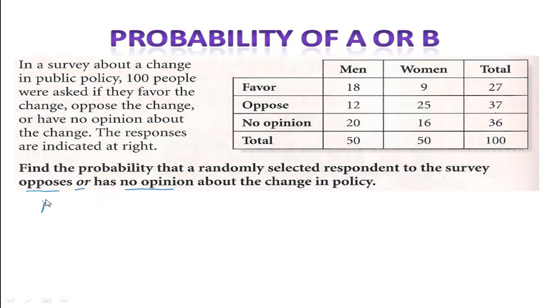So to calculate the probability of A or B, that is the probability of A plus the probability of B. The probability of A, which is opposing it. How many people oppose it? 37 people oppose it out of the 100 people. So that's 37 out of 100.